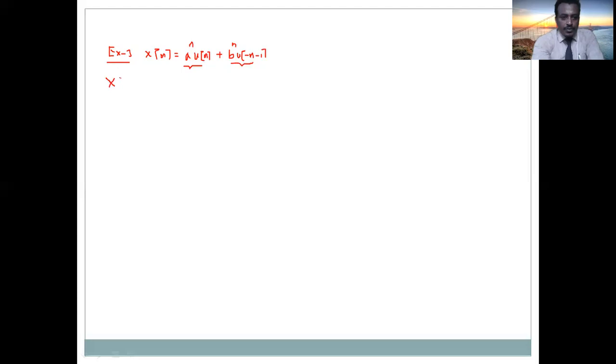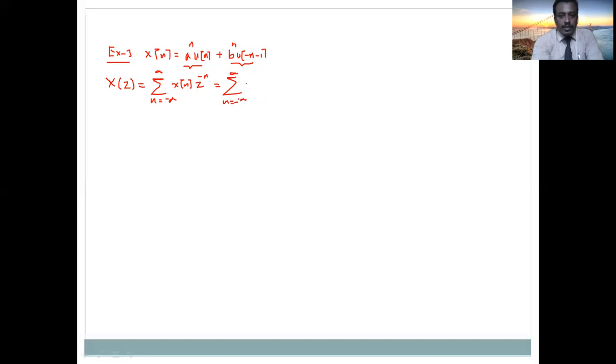So X of Z will be, always start from the definition, summation n from minus infinity up to infinity of the signal x of n times z to the power of minus n. This is our definition, right? So summation n from minus infinity up to infinity.